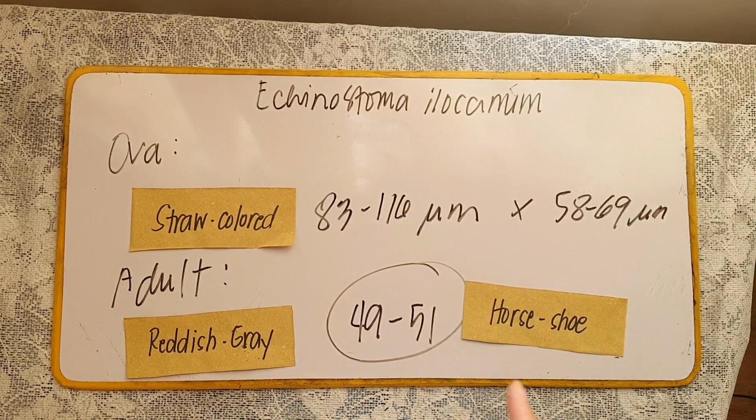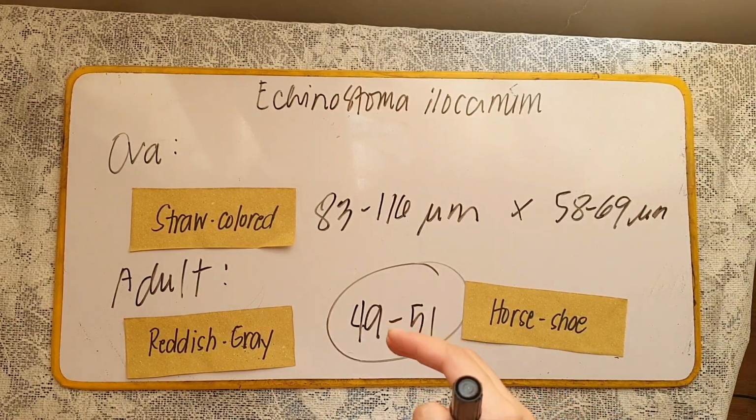Again, it has 49 to 51 horseshoe-shaped collar of spines surrounding the dorsal and the lateral sides of the oral sucker. The oral sucker lies in the center, and the ventral sucker is situated at the anterior fifth of the body.